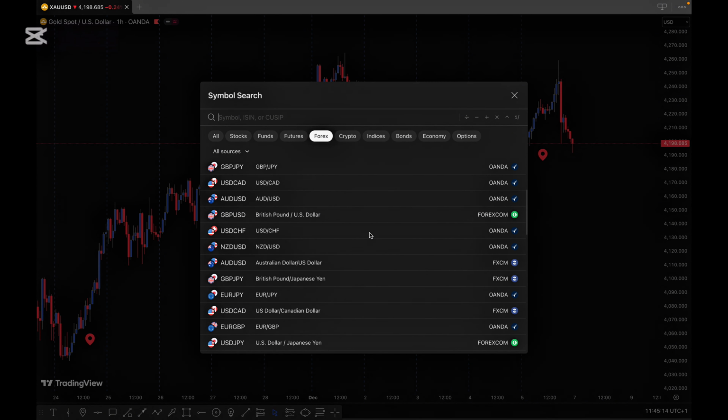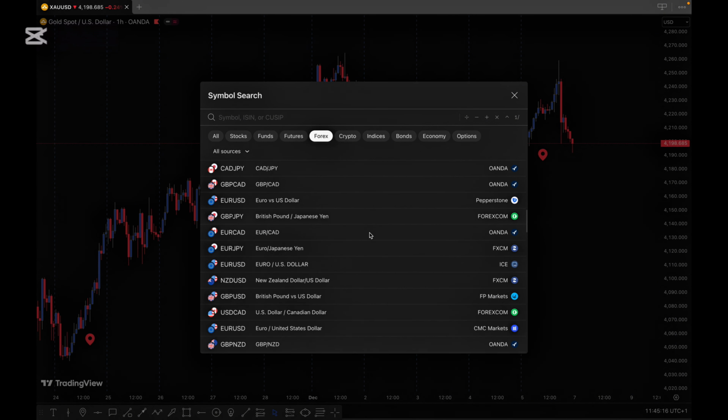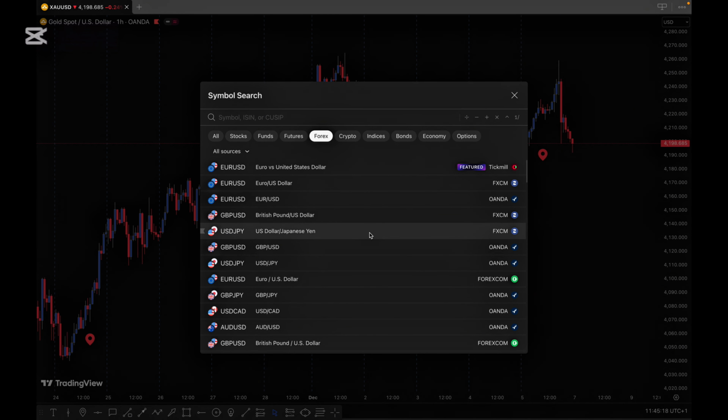As you can see, all of the instruments here, and when I say instrument, I'm referring to the currency pairs you can trade, or whatever it is that you can trade, whether it be oil, commodities, gold, silver, futures, crypto, and whatever it is.